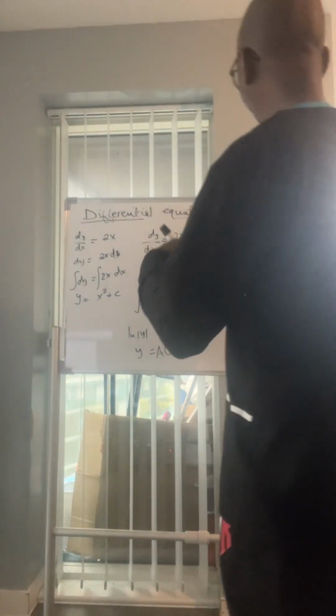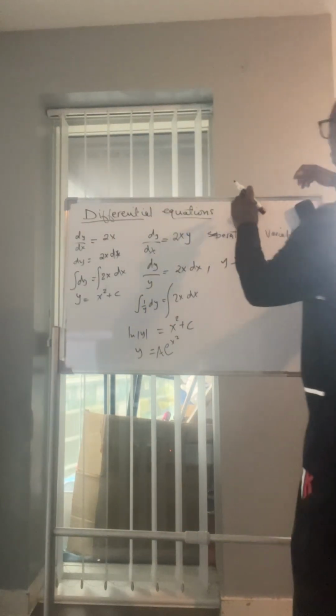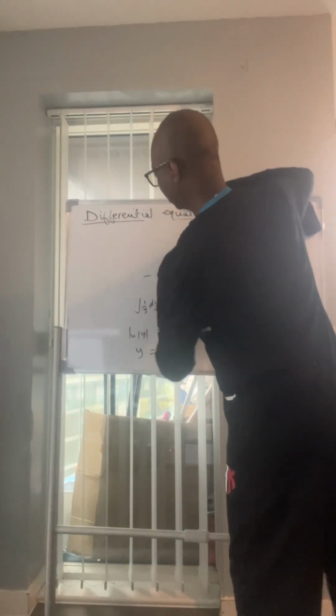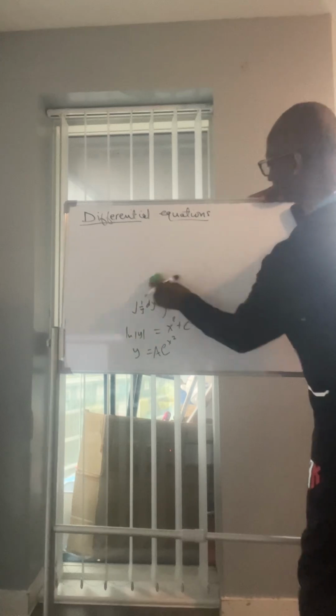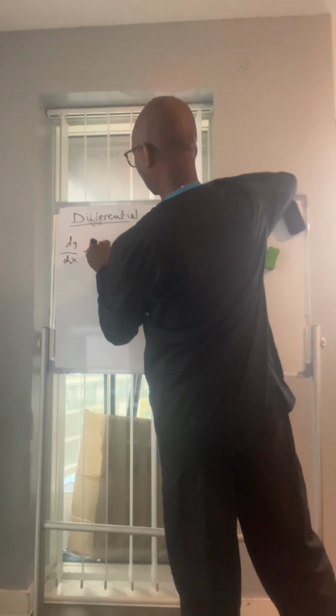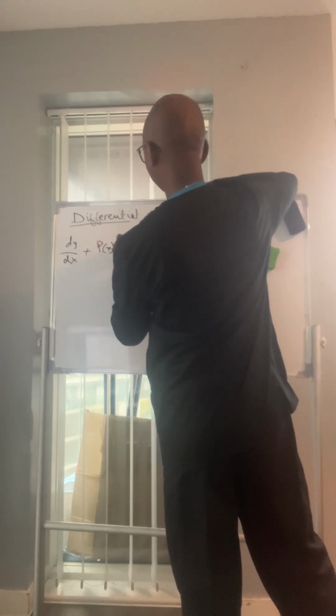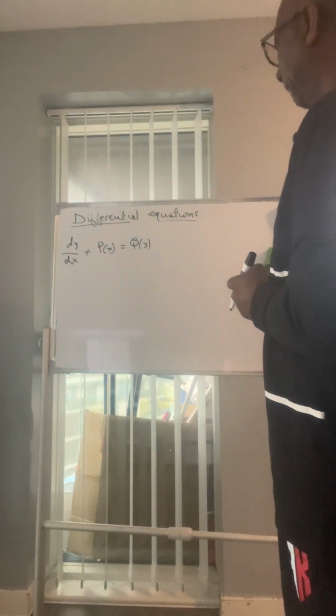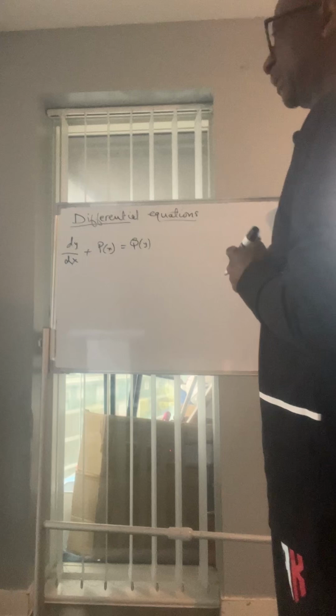But in most cases, you will come across a formula when you model a real world scenario. You come across something like this: dy/dx plus p of x y equals q of x. So let me turn it into an equation.